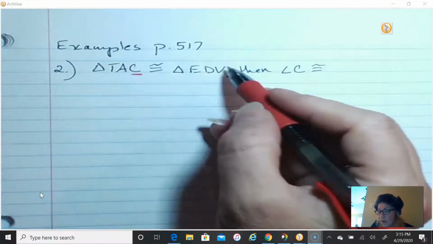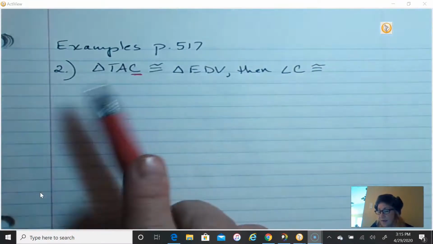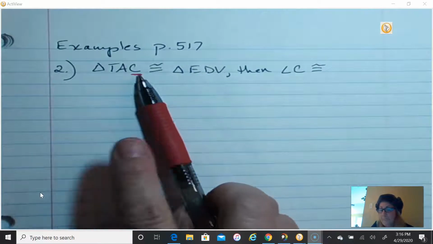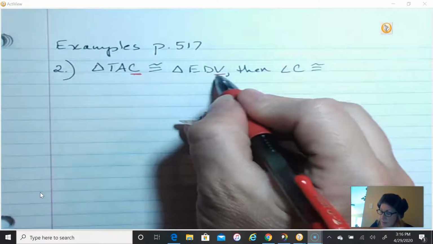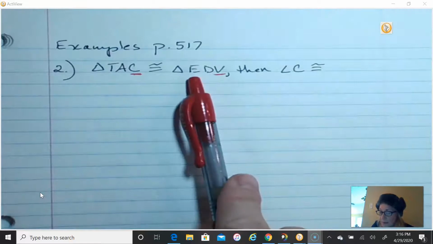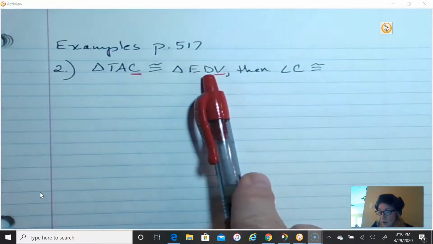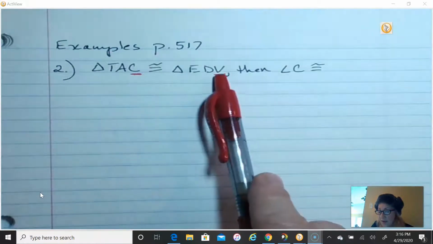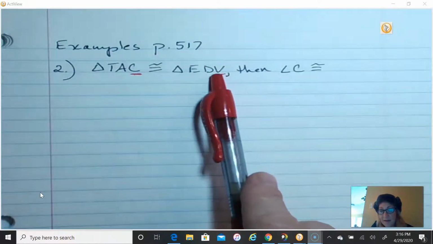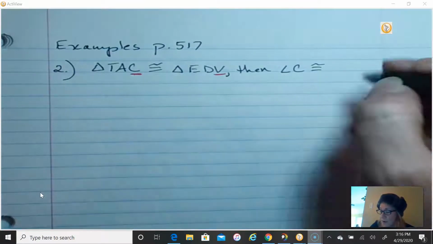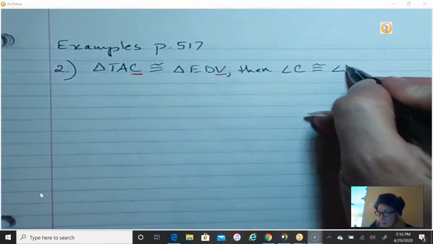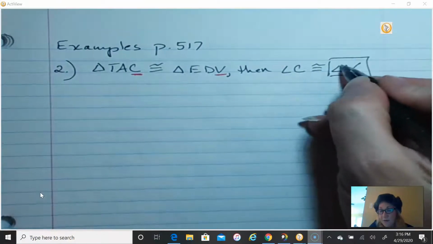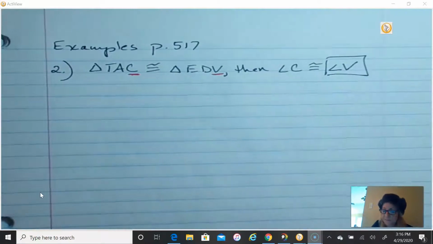What letter over here corresponds and is congruent to C? V. See, T is the same with E. A is congruent and corresponds with D. So C, because of the way it's listed, is the same with V. It's congruent. And you need to have your little angle symbol.